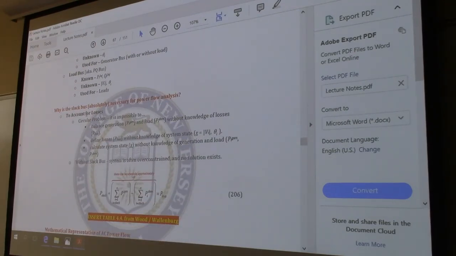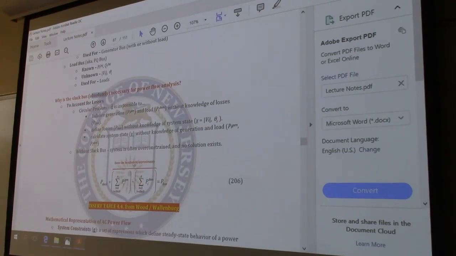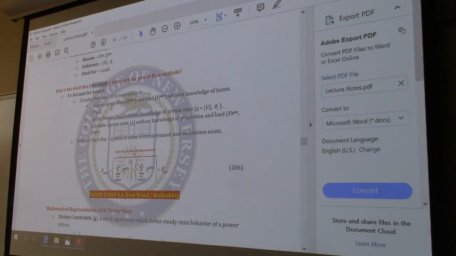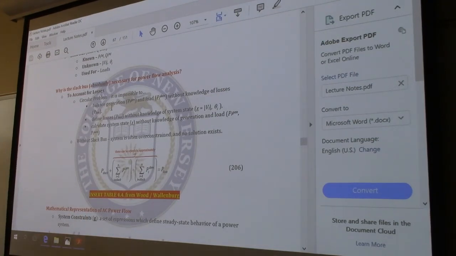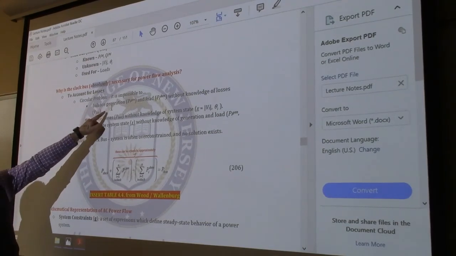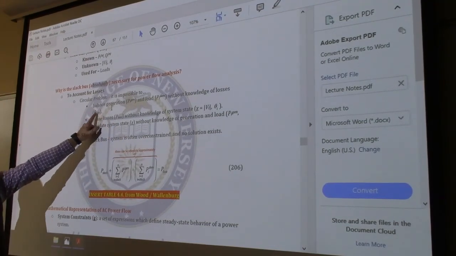Why is the slack bus absolutely necessary for a load flow analysis? I've talked about this already. It's an over-constrained problem if you don't have the slack bus or the infinite bus in there. And to go into a little bit more detail, you end up with a circular problem if you don't use a slack bus, because you can't balance the generation and the load without knowing the loss.